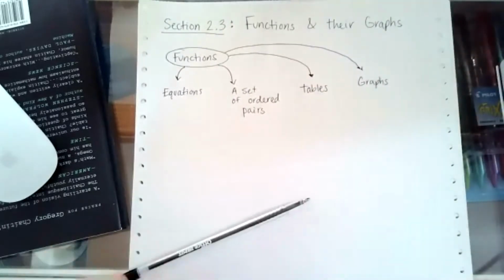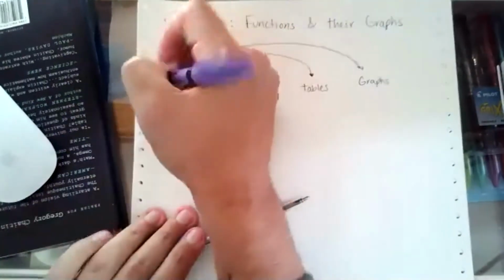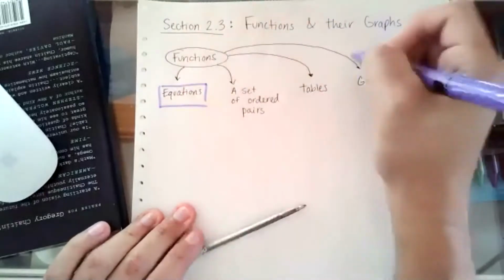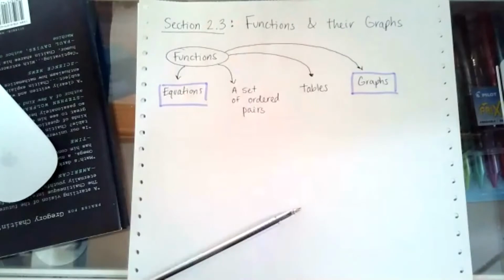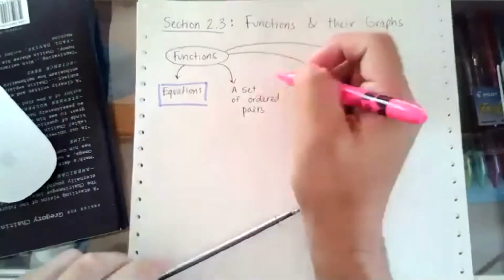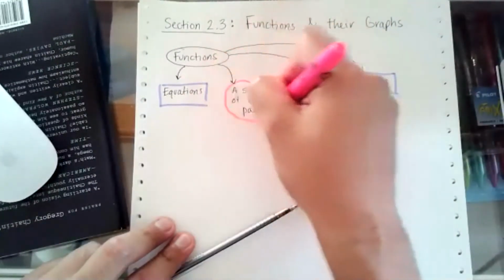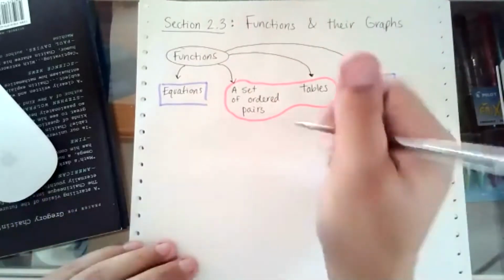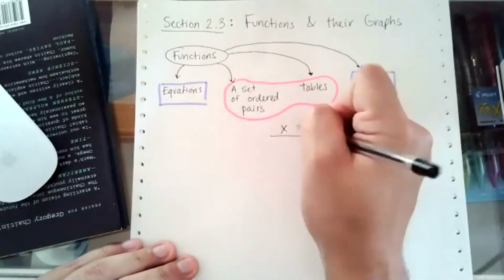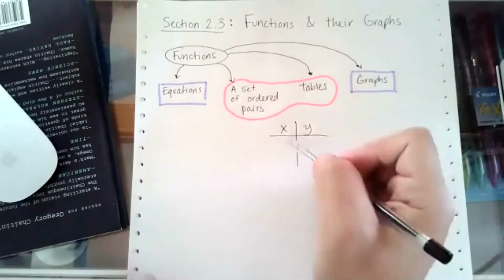Usually what we're doing in algebra is connecting equations to their graphs. A lot of times tables and sets of ordered pairs are roughly the same thing, just different representations. We'll set up a table, usually an X and a Y table with some numbers in here.